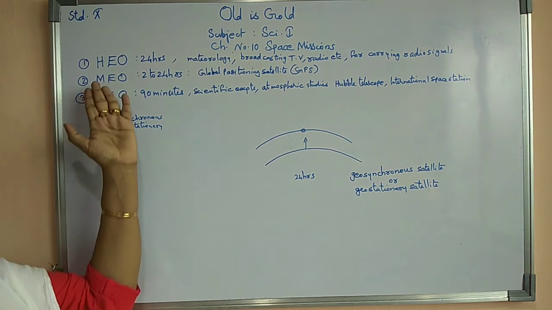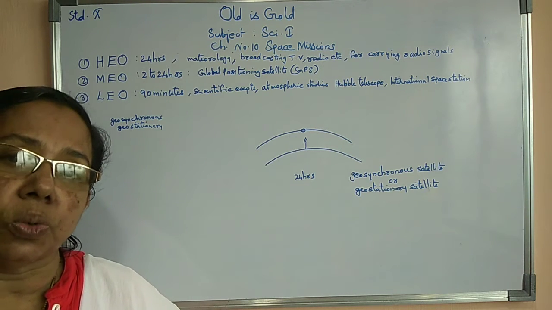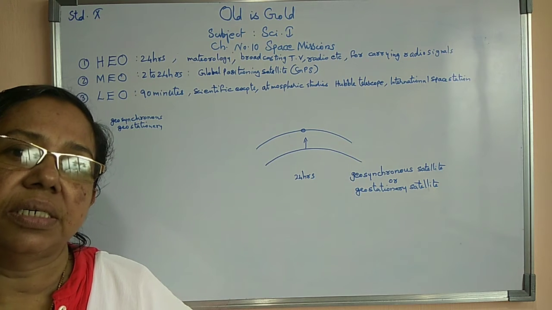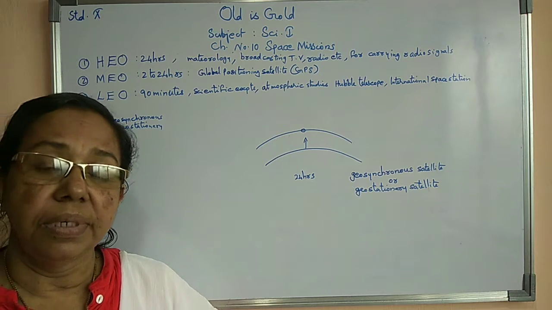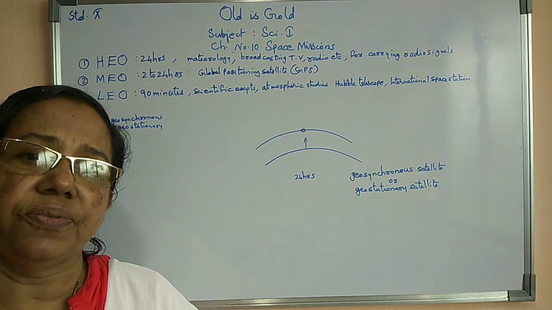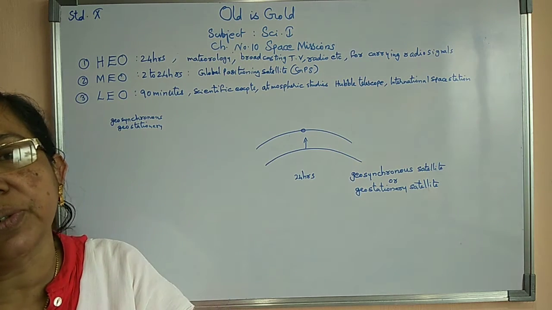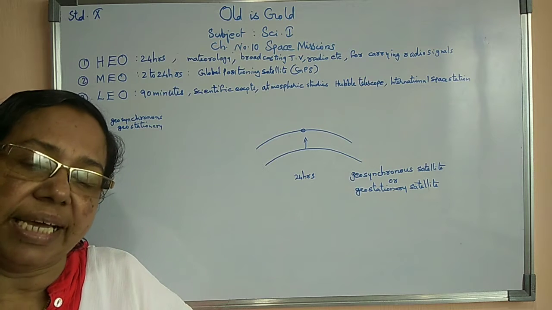Now the other thing, medium Earth orbit satellite, it takes 24 hours for revolving once around the Earth's surface. Second thing, they are detecting the actual position of whatever thing we want to know. So the correct position can be found with the help of medium Earth orbit satellites.